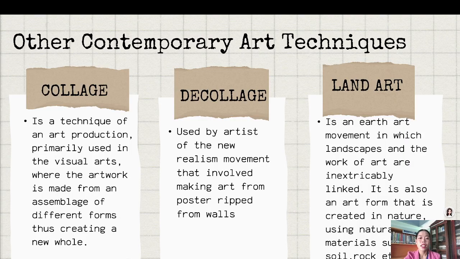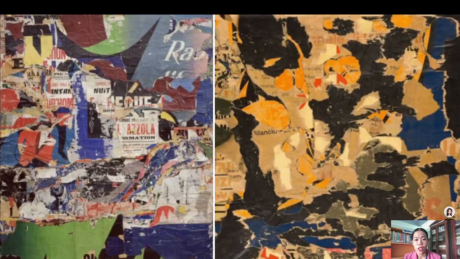Next is decollage. Decollage was used by the artists of the New Realism movement and involved making art from posters ripped from walls. This is an example of decollage. Decollage is an art technique that involves cutting, tearing, and or removing parts of an image to create a new piece of art.